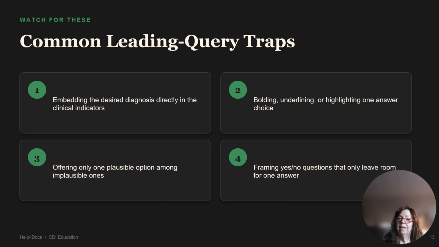I don't know what that is, but we can't do that either. The third one is offering only one clinically plausible option among several implausible ones. Do you think that's leading? Of course it is, right? And the fourth one is framing yes or no questions in a way that only leaves room for one reasonable answer.